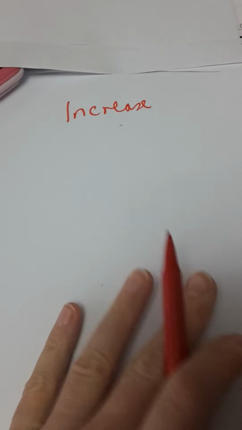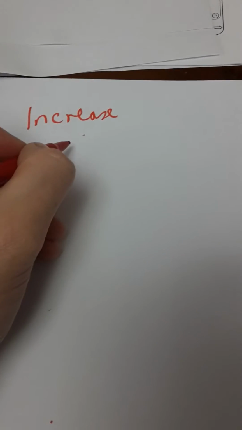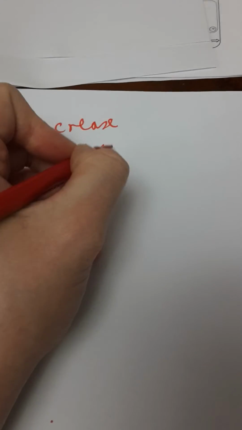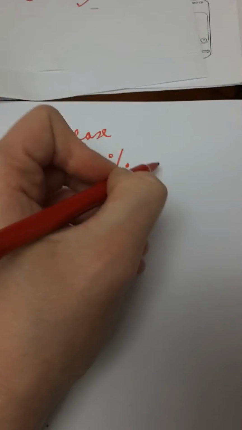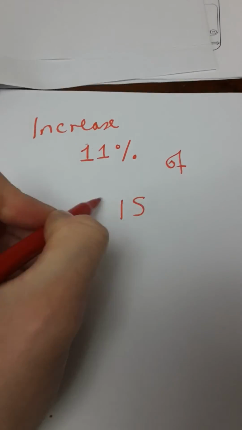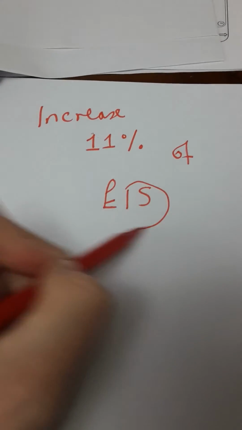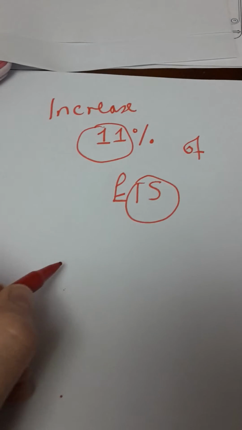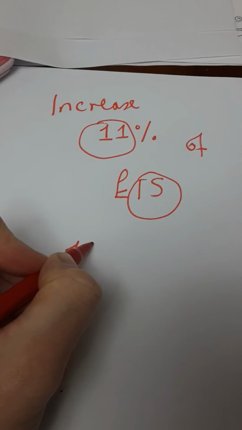So in short, if you have a percentage increase, say, here's another example of 11% of £15, times this number by the percentage, and then divide your answer by 100.